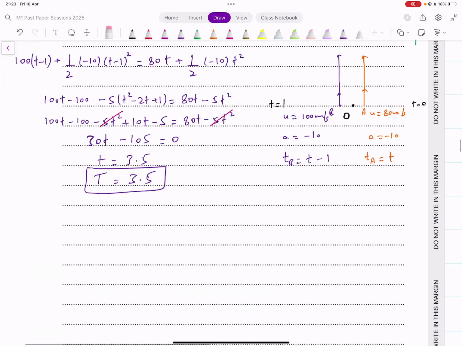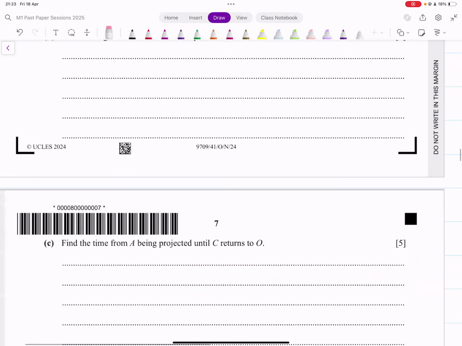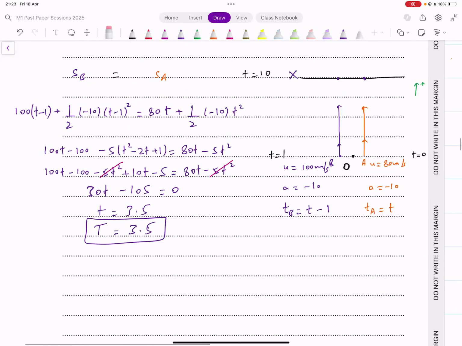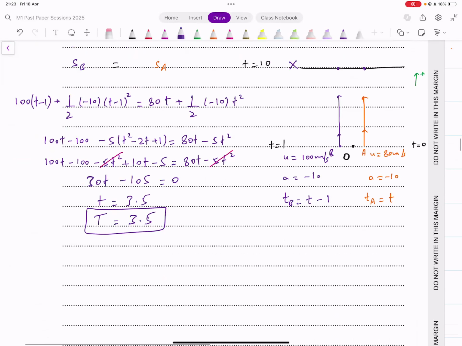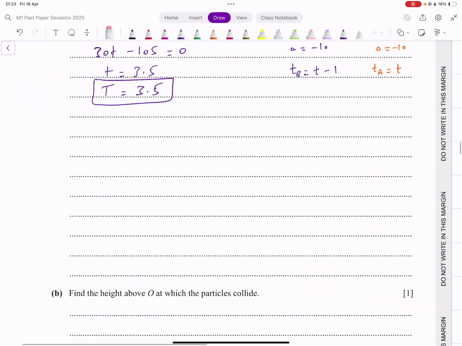Part B says, find the height above O at which the particles collide. So we just have to find the displacement value, right? You can use either this equation or this equation, any of them. That should give you the result. Let's use SA.